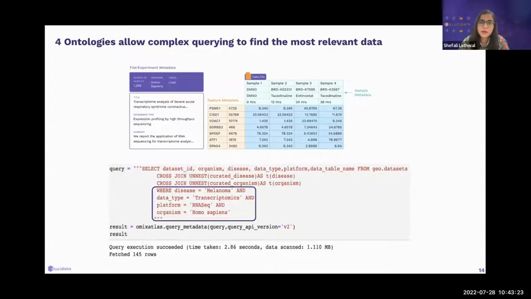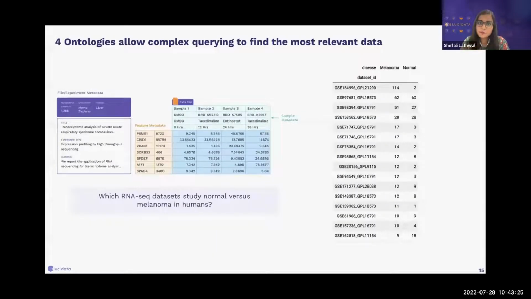We can go a step further and we can query across not just the experiment metadata, but combine queries across experiment and sample metadata and start asking questions like which data sets study normal versus disease samples in humans through the use of RNA sequencing.